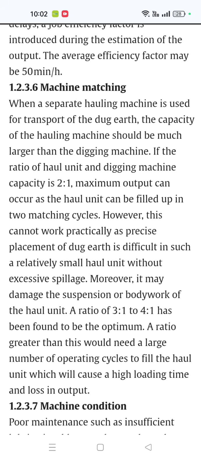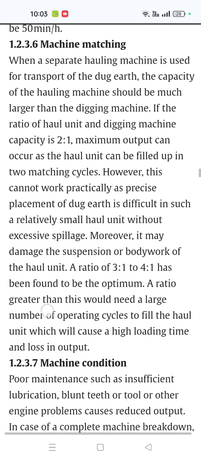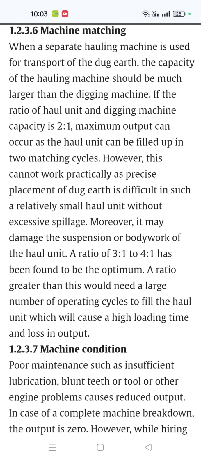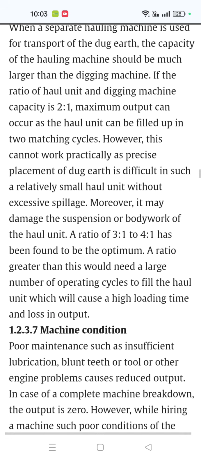If the ratio of haul unit and digging machine capacity is 2:1, maximum output can occur as the haul unit can be filled in a matching cycle.